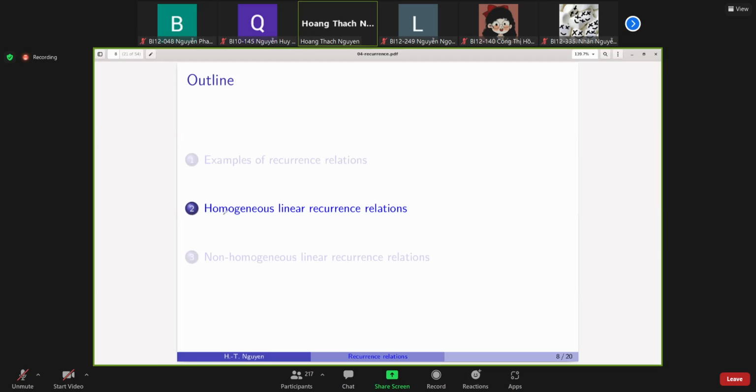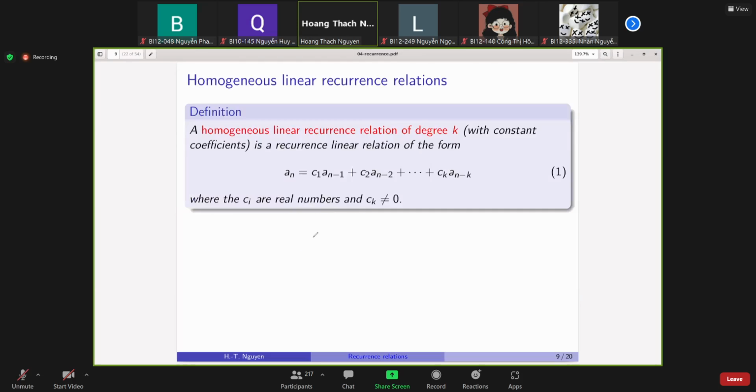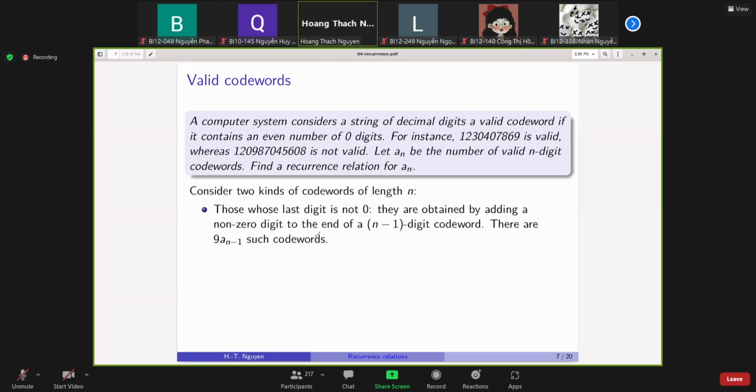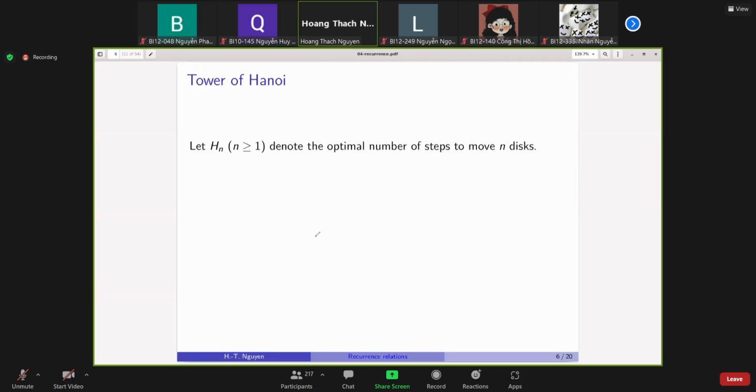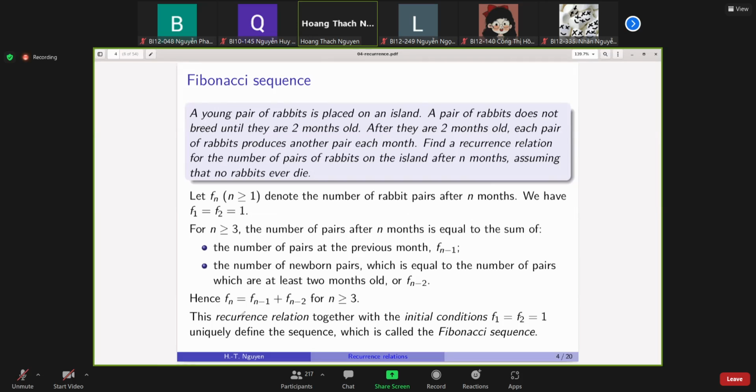The first case involves homogeneous linear recurrence equations. Take a look at the recurrence relation of the Fibonacci sequence here.